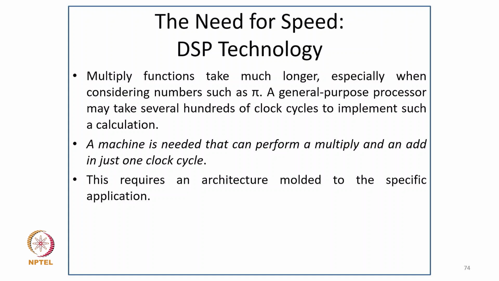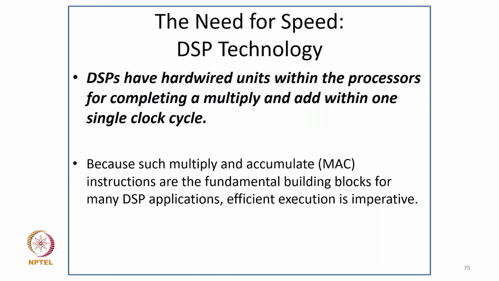Multiply functions take much longer, especially when considering numbers such as pi. A general purpose processor may take several hundred clock cycles to implement such a calculation. A machine is needed that can perform a multiply and add in just one clock cycle, and this requires an architecture molded to the specific application.